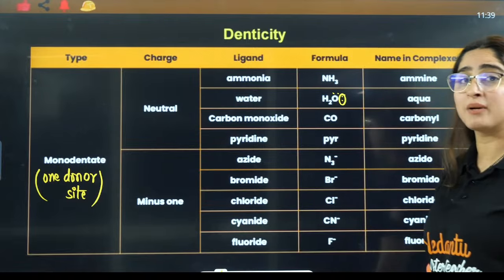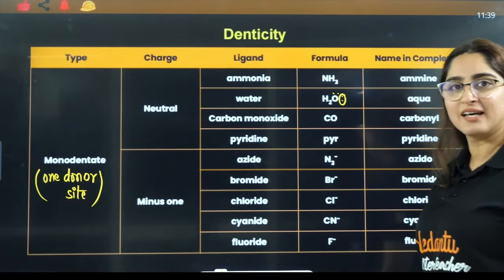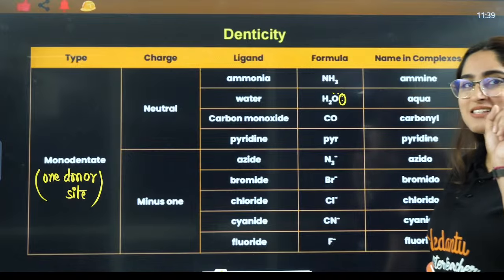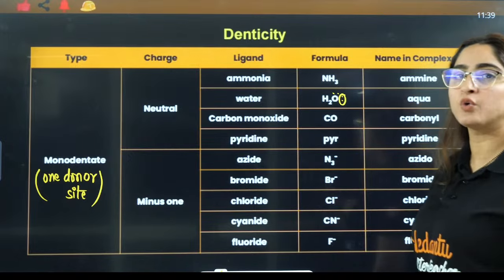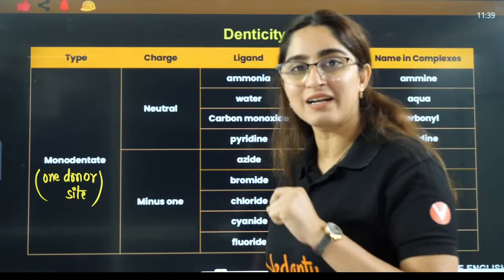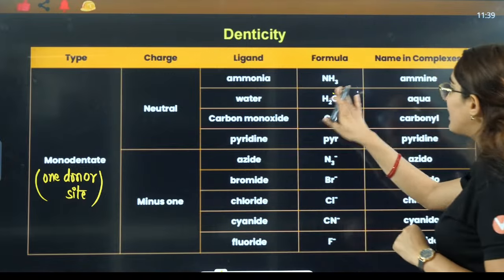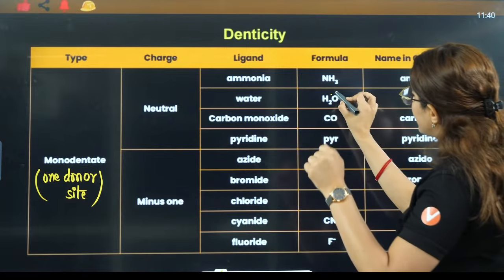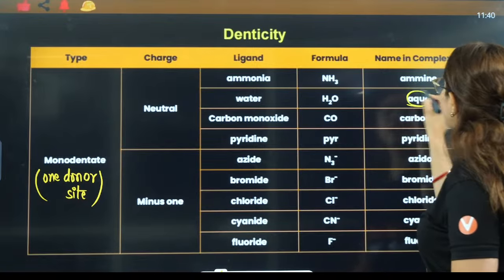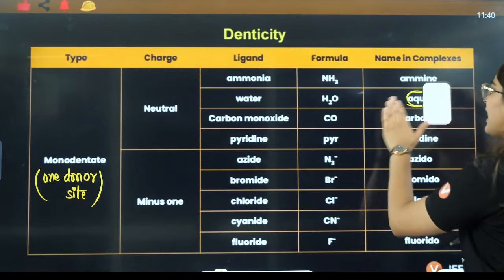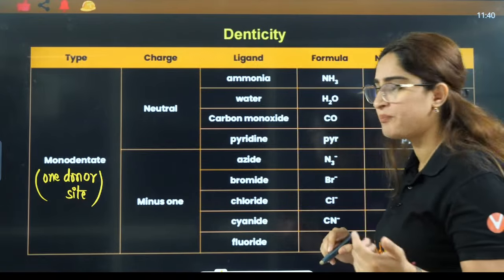You will say, ma'am, there are 2 lone pairs, but the donating site is only one because both lone pairs are on one atom. As a ligand, the name is aqua.